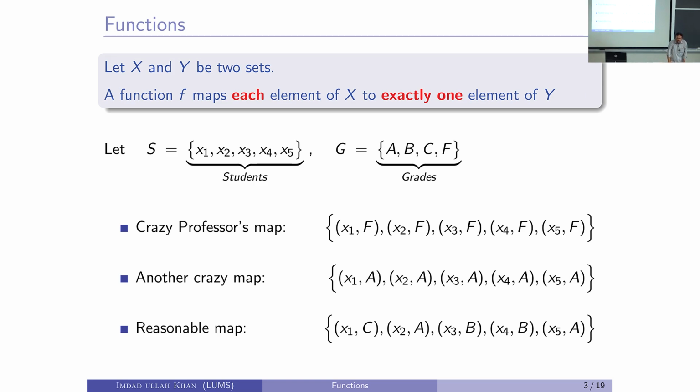The first coordinate is from S, the second coordinate is from G. It's actually a subset of S cross G. Everyone, it's a subset of S cross G. Now I'm going to tell you in a minute when a subset of S cross G is called a function, when it's called a relation, and what is called some other things, we'll see those.